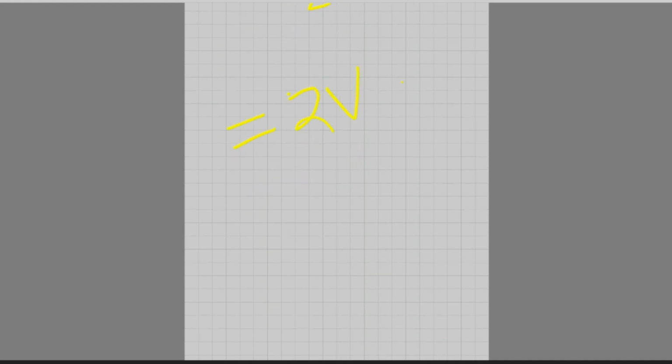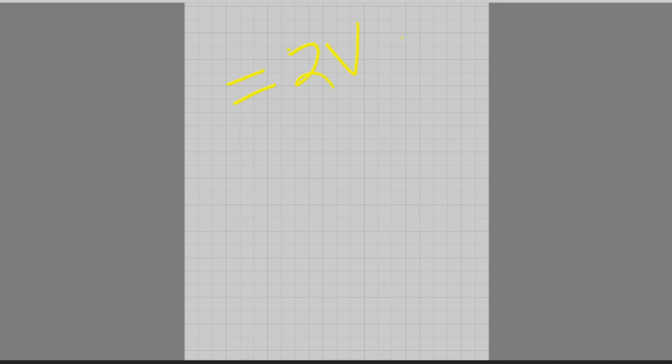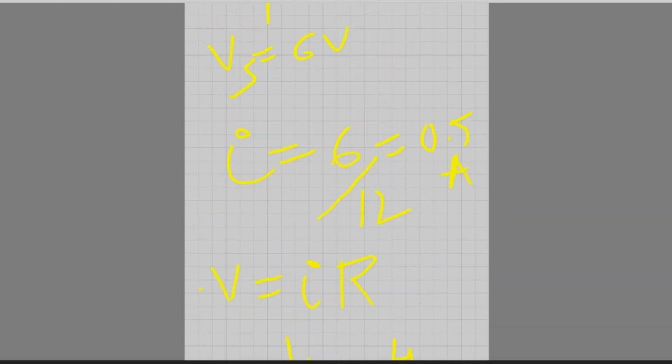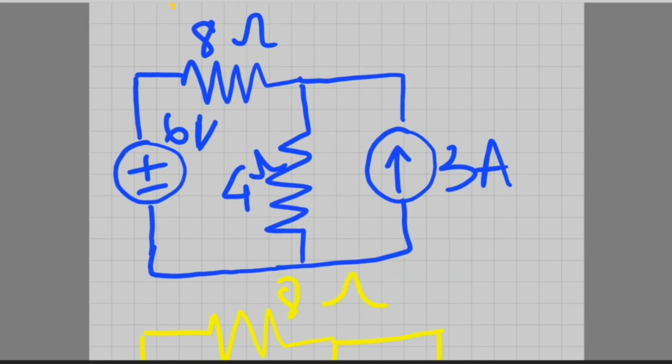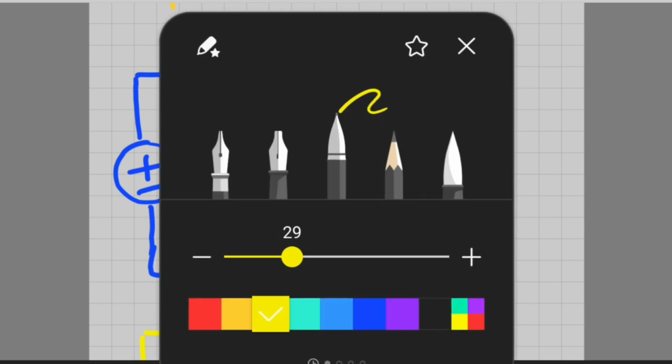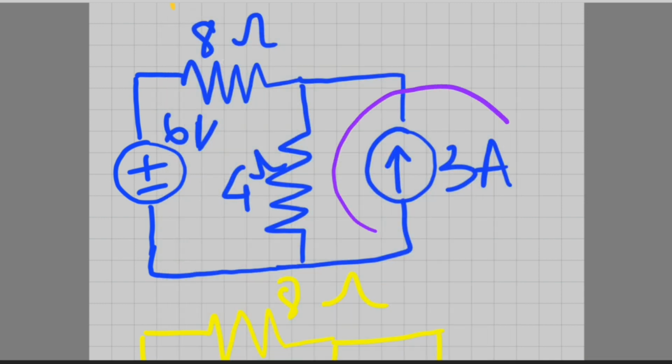Now we have to consider the 3 ampere current source. So here we have the diagram for the question. Now we have to consider this source. To consider this source, we have to make the 6 volt voltage source inoperative.